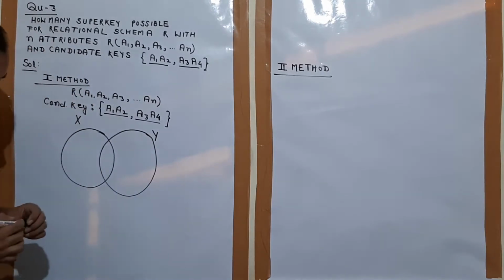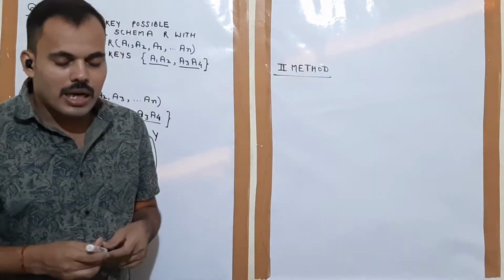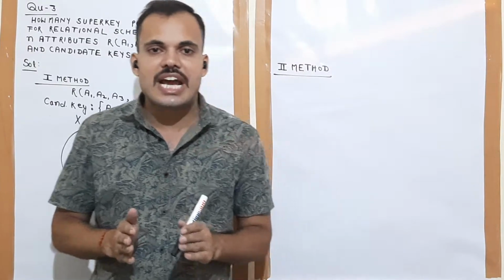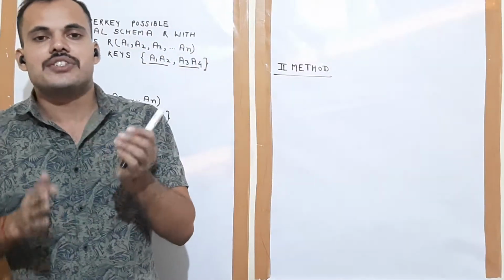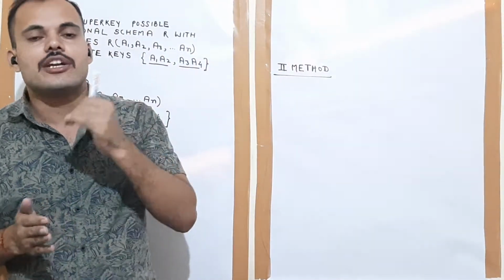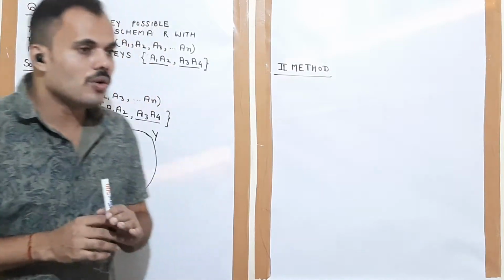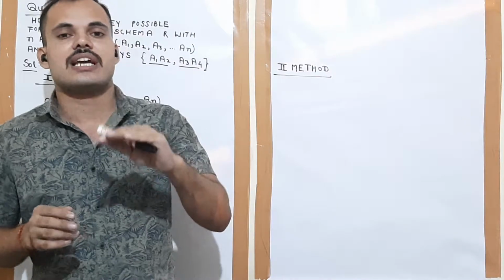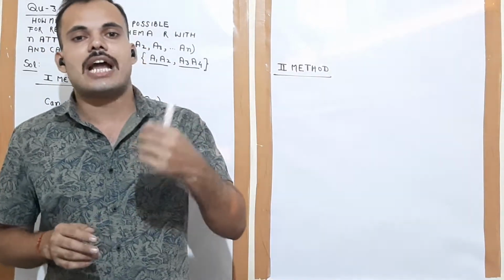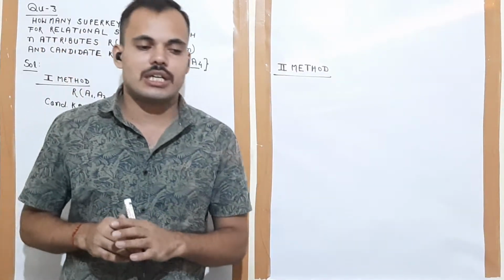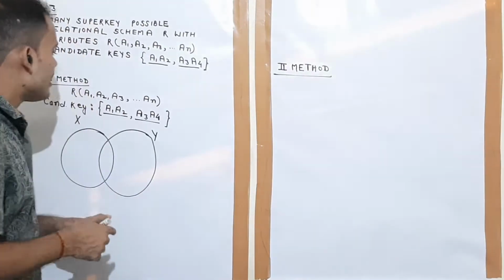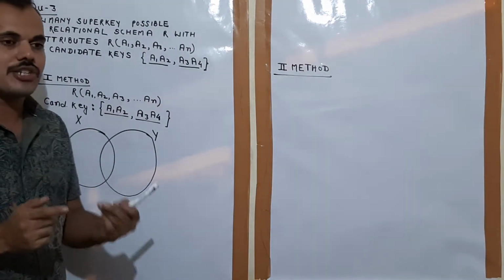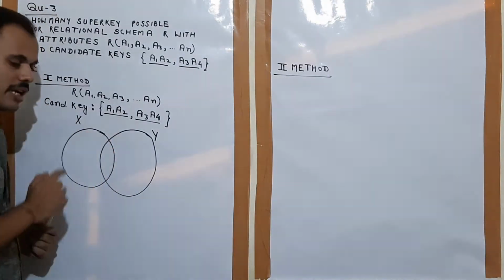Now see, a super key means a set of attributes which can differentiate records uniquely. It may be minimal, it may not be minimal. A candidate key means a minimal set of attributes which can differentiate records uniquely. Take the first candidate key, A1, A2.